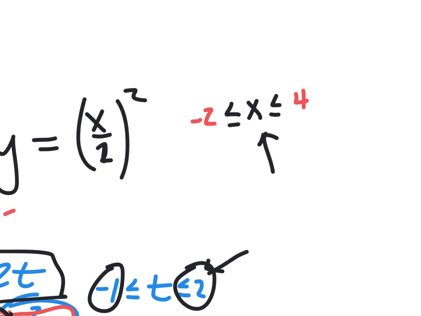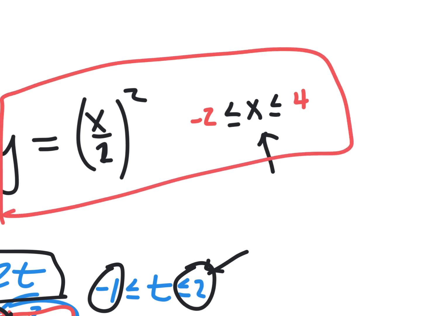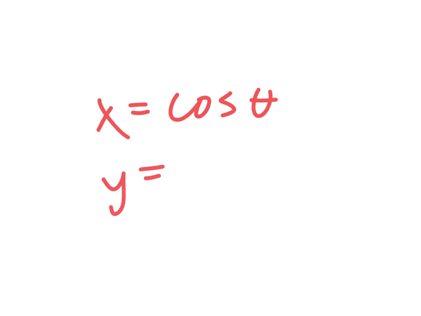That is a rectangular or non-parametric equation. All right. Then there was another kind, and that was x equals cosine theta, y equals sine theta. Now, if I just had this, do you get that this is not parametric?